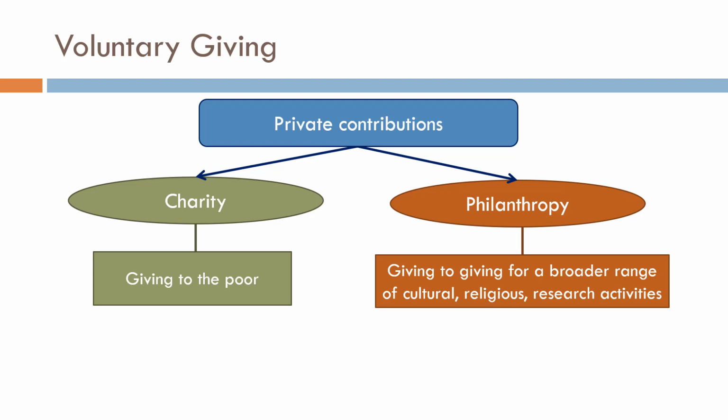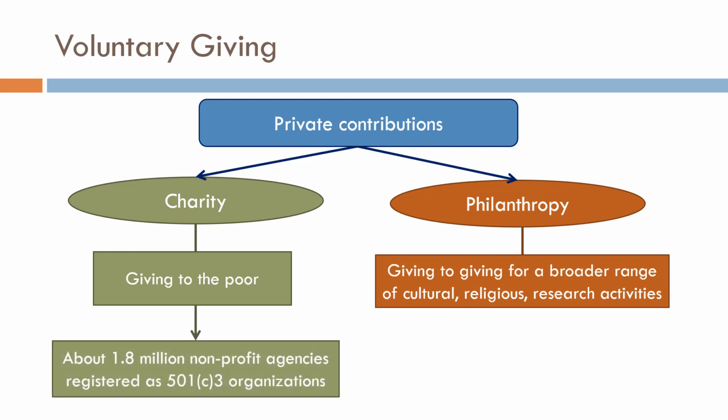What's really interesting, I think, is that there are about 1.8 million nonprofit agencies, mostly registered as 501c3 organizations. That 501c3 designation is what allows a nonprofit to have tax deductible status.